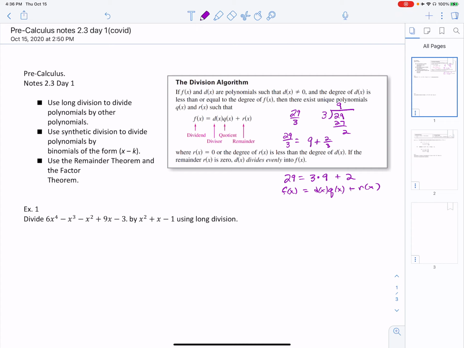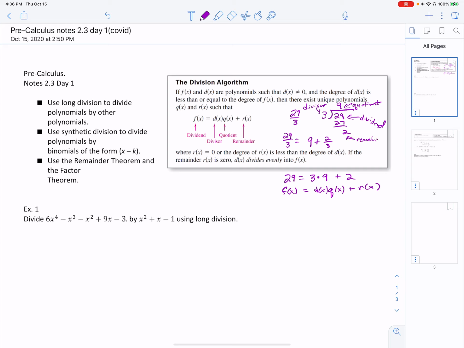So in this, the 29 is my dividend. My divisor is 3. My quotient is 9. And then my remainder is 2.